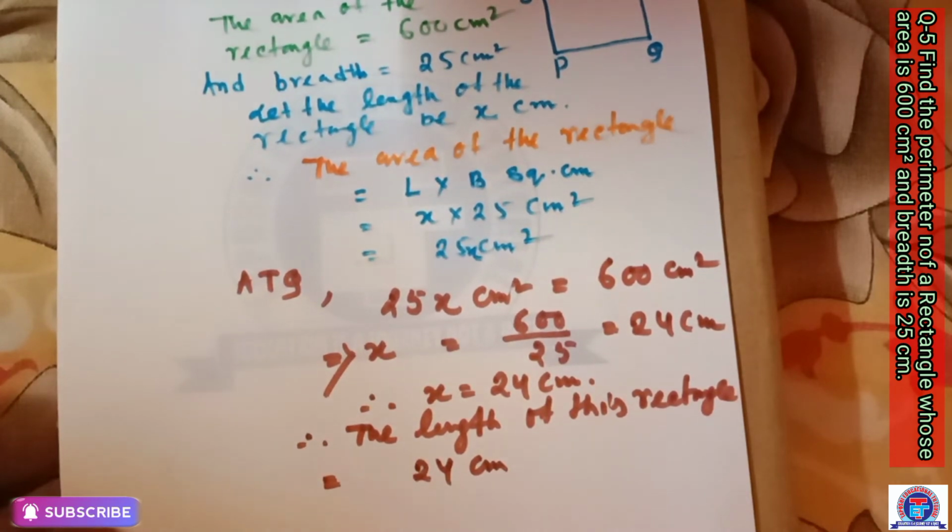So the perimeter of this rectangle PQRS.